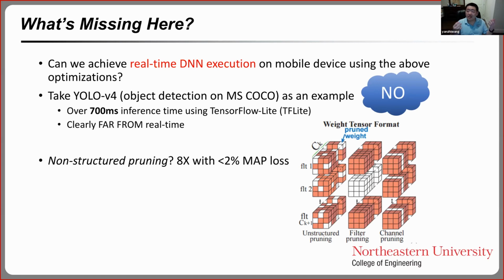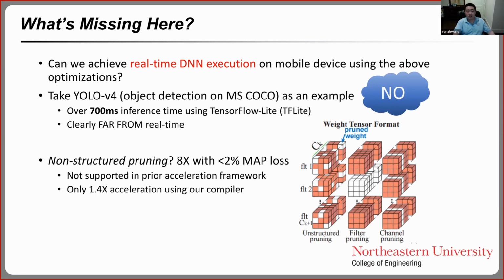If we work on non-structured pruning, we got 8 times compression with less than 2% mAP loss. This is a good result, but this is not supported in prior acceleration frameworks. If we want to support it, we have our compiler and we can support it ourselves, generating code. And we got only 1.4 times acceleration using our compiler.